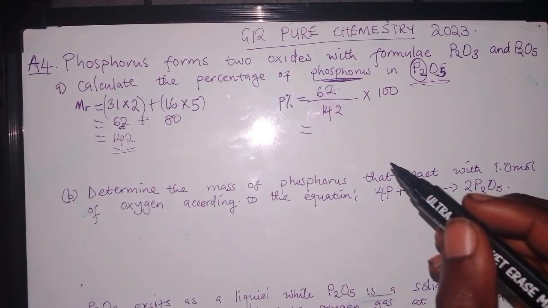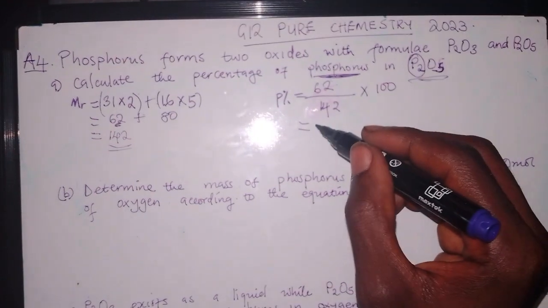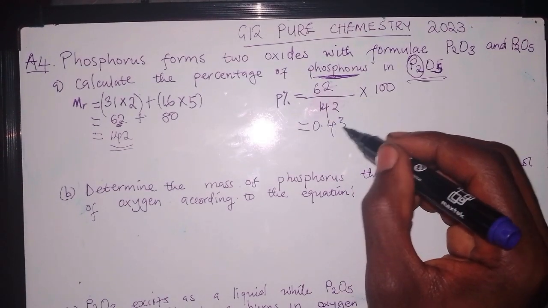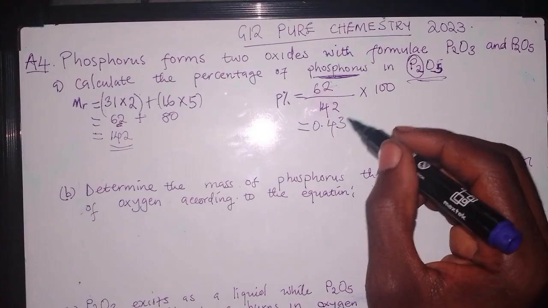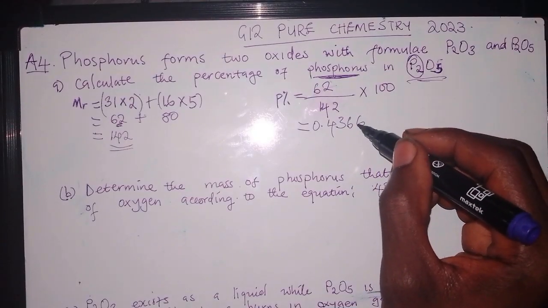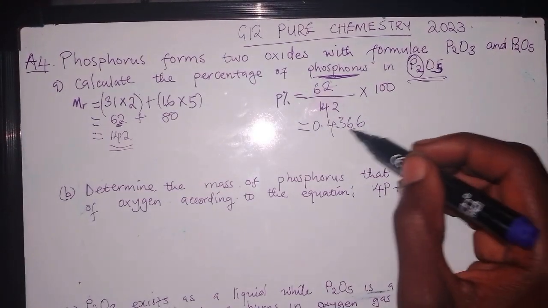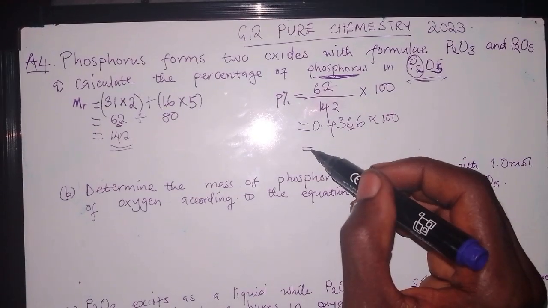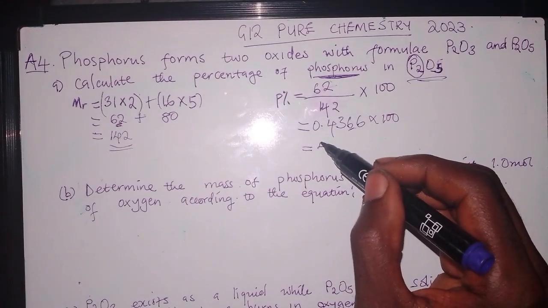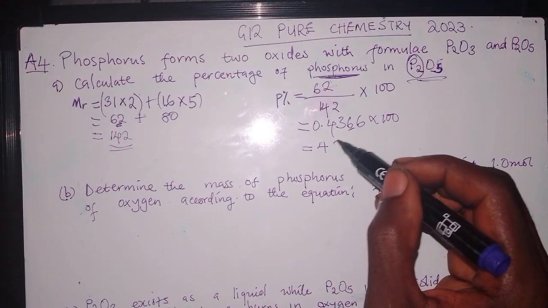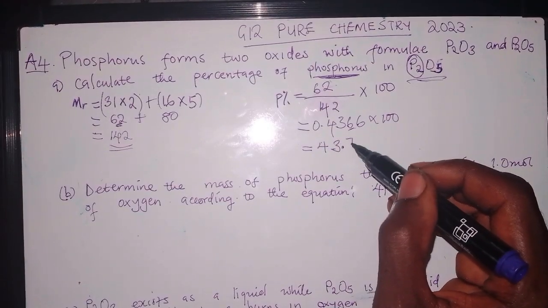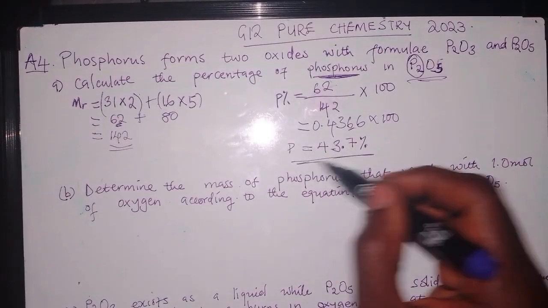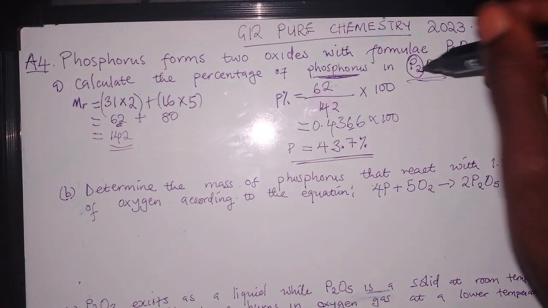If you divide, you get 0.4366, then multiply by 100, and you get 43.7%.